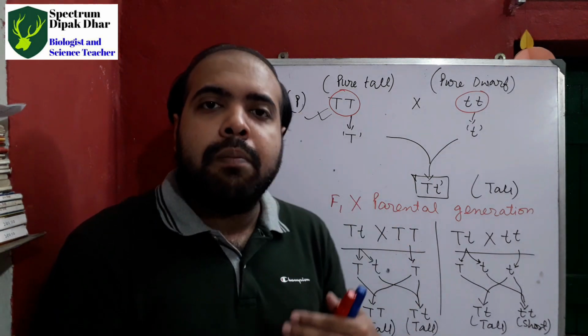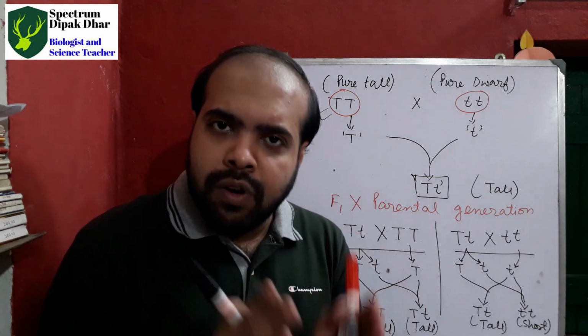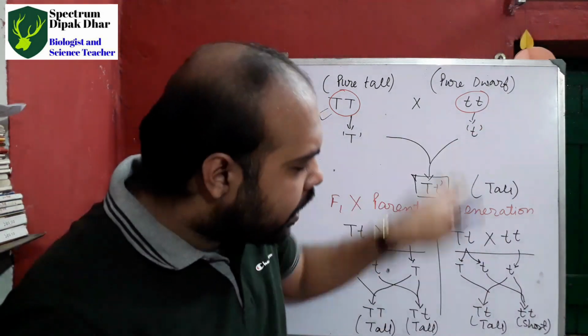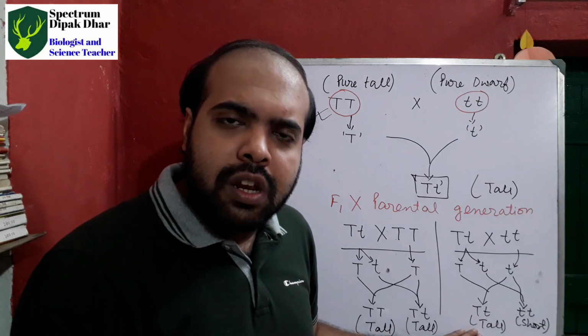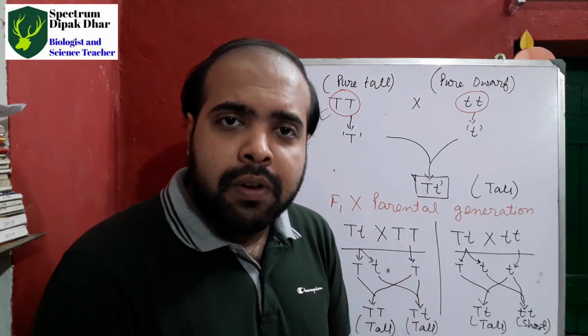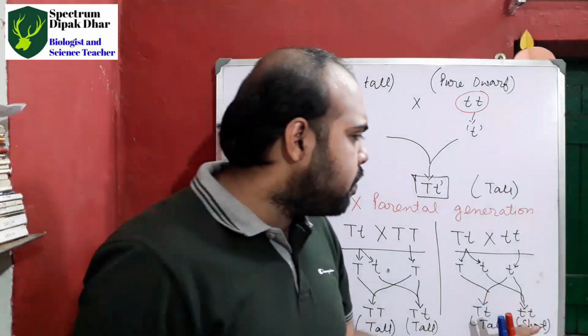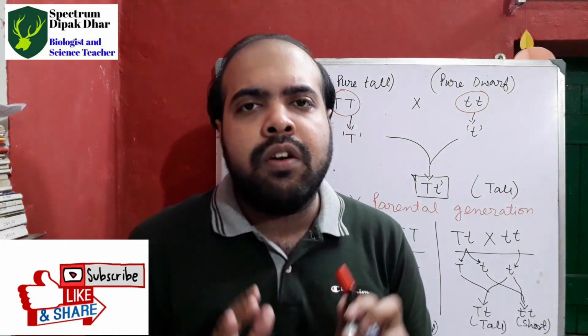But if the back cross is between the F1 generation and the recessive parental type, then 50% of the generation will be dominant type and 50% will be recessive type.